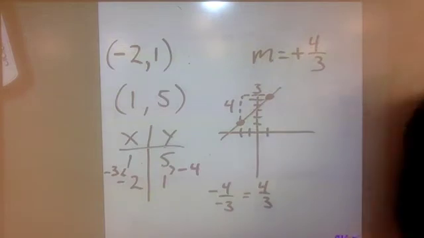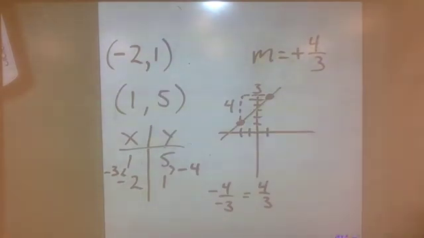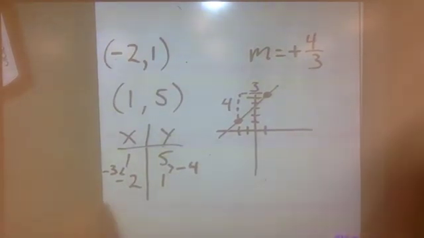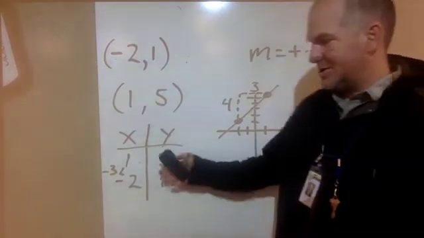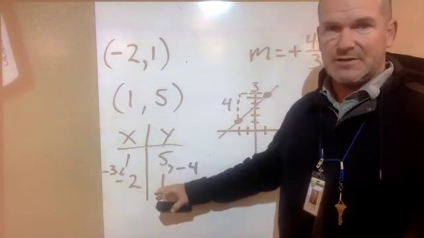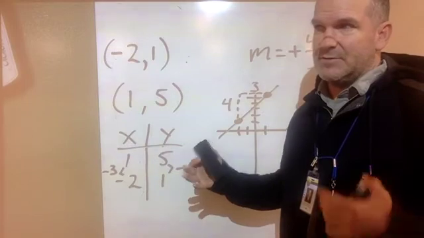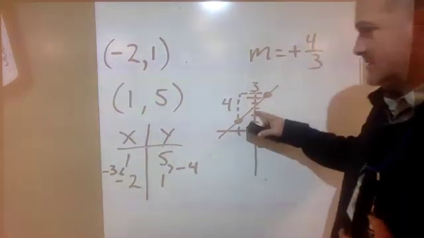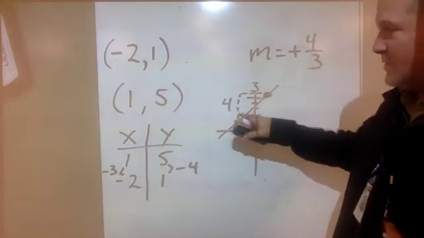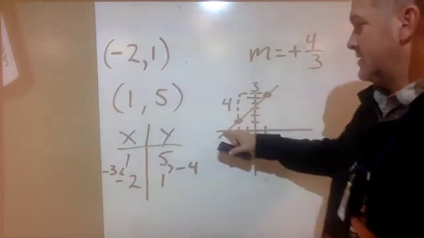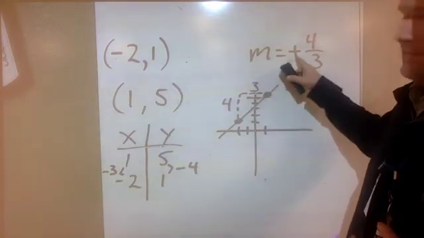Just the positives and negatives in general can make this a little bit tricky to know if your slope is supposed to be positive or negative. There's nothing tricky about this. If you plot these 2 points, it's going to be really easy to tell if it's positive or negative.